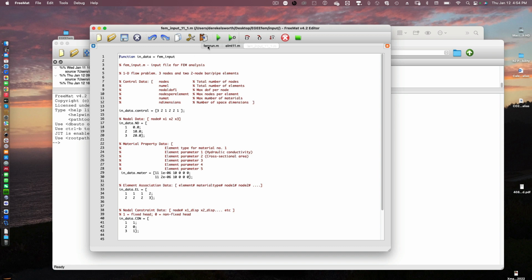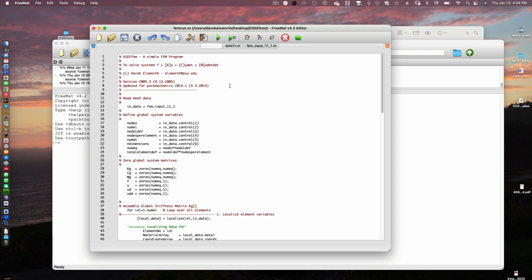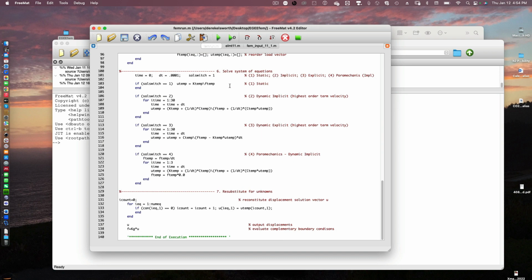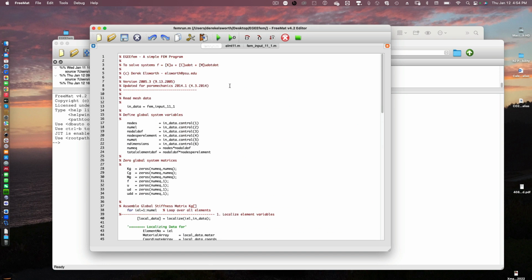And so the finite element code for this 1, 2, or 3-dimensional static and dynamic and also coupled process routine is only something like 150 lines of code.